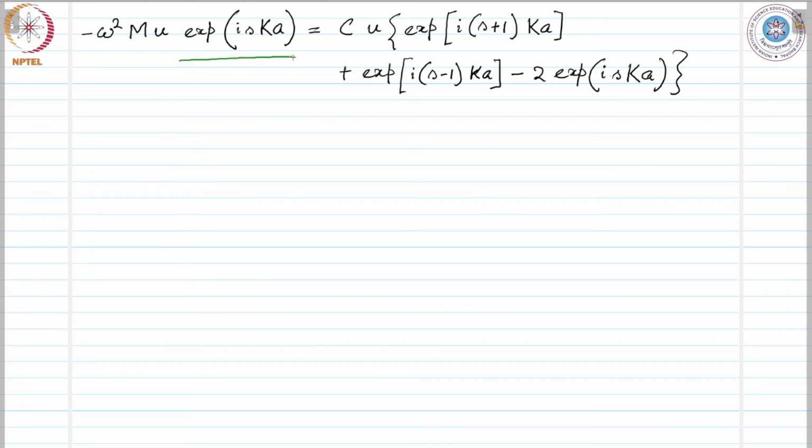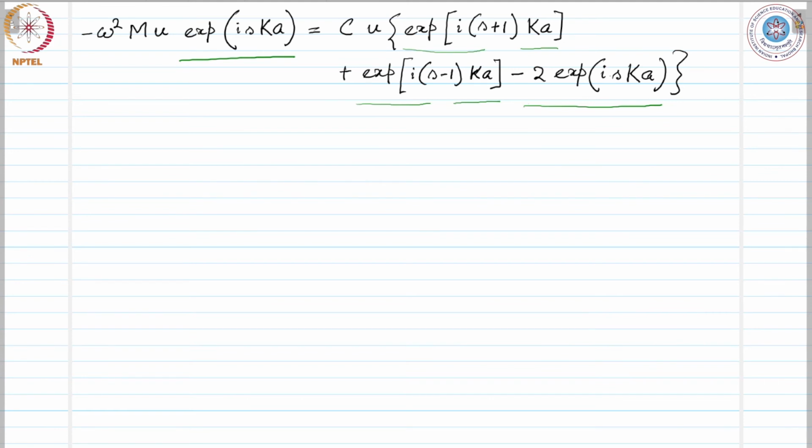This part from here as well as within this and here. So this part gets cancelled from both sides.